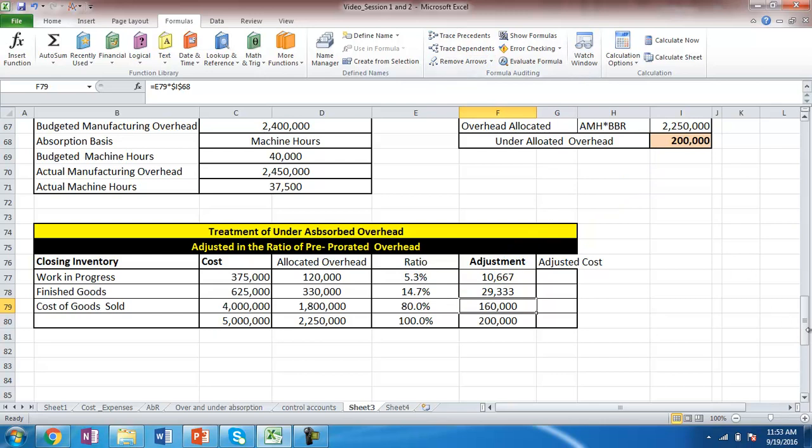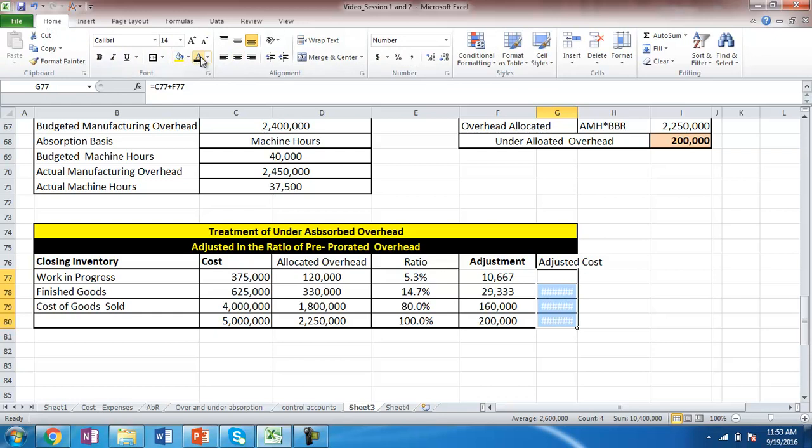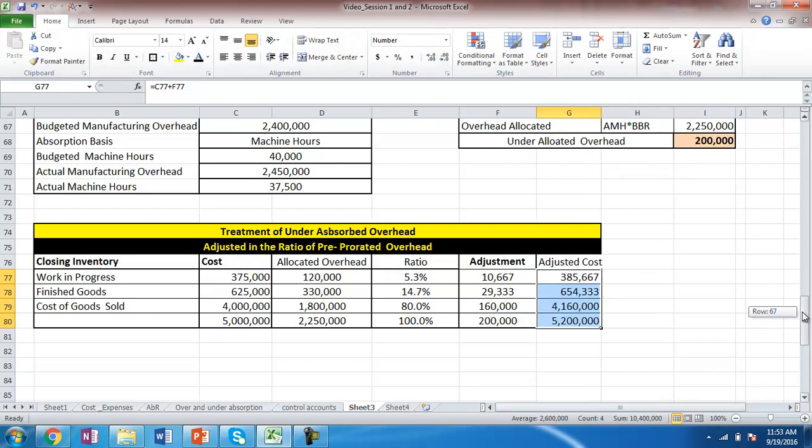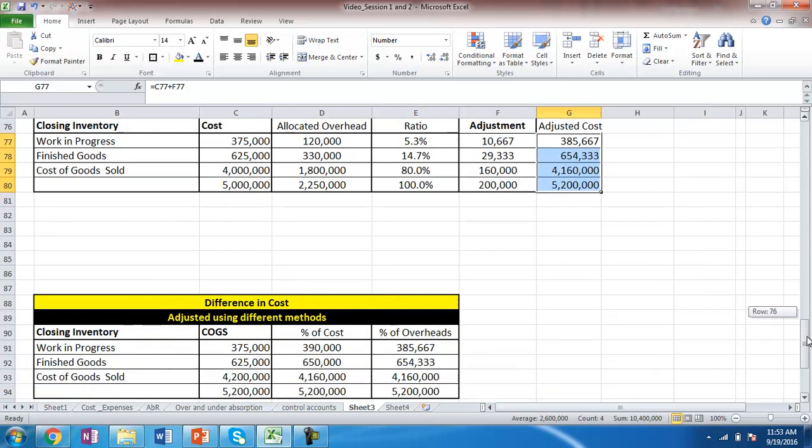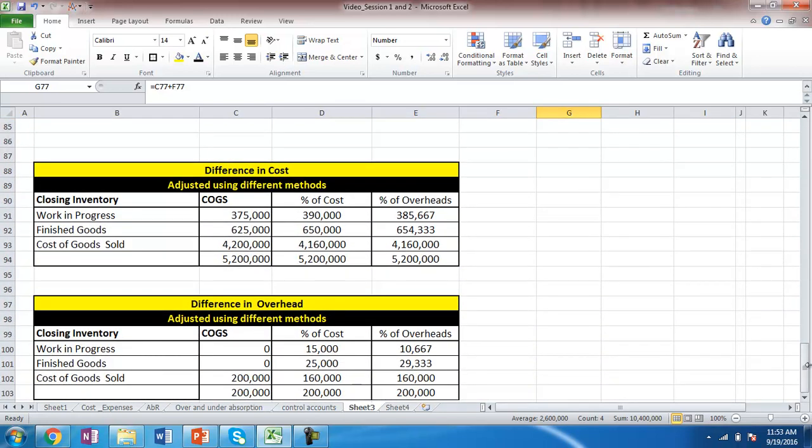So, as we mentioned here, there are three different ways in which the overheads can be allocated or adjusted. As a result, there is a managerial decision on which should be used. But before we see that, let us see the difference.